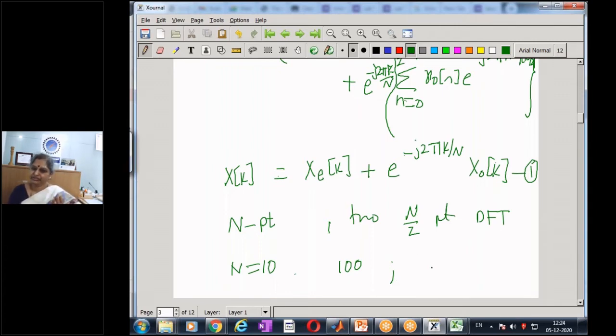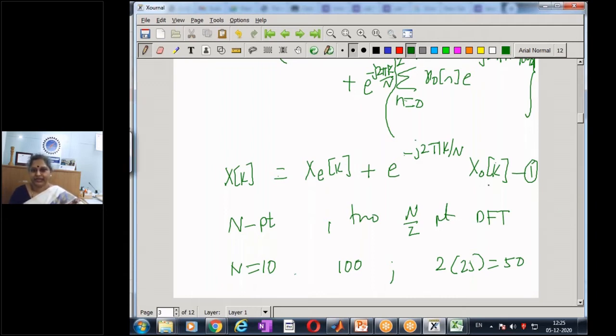What's the complexity of a 5-point DFT? 5 cross 5, which is 25, and there are 2 of them, so that is 50. So by using this expression, I am able to reduce an N-point DFT to two N by 2 point DFTs, and my complexity is reduced by half. Proceeding similarly, I can again reduce N by 2 into N by 4, N by 8, etc. And that's how this whole algorithm is built.